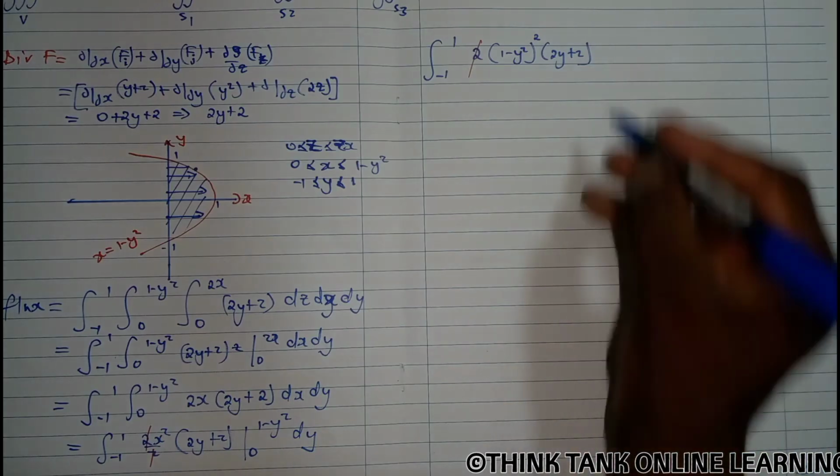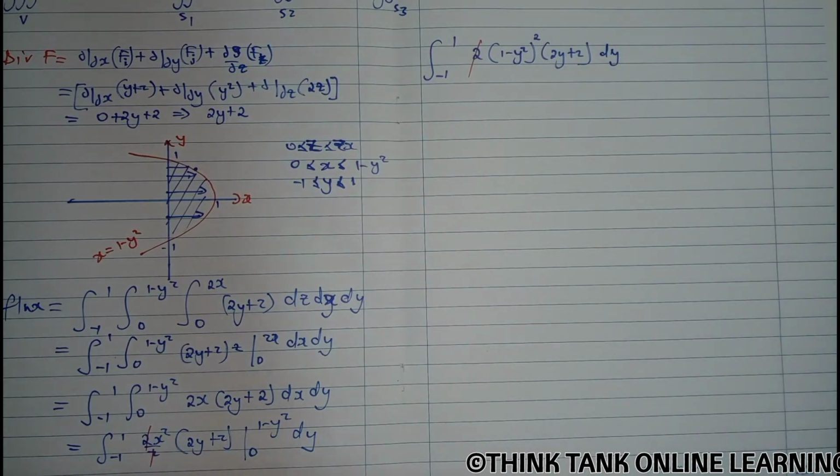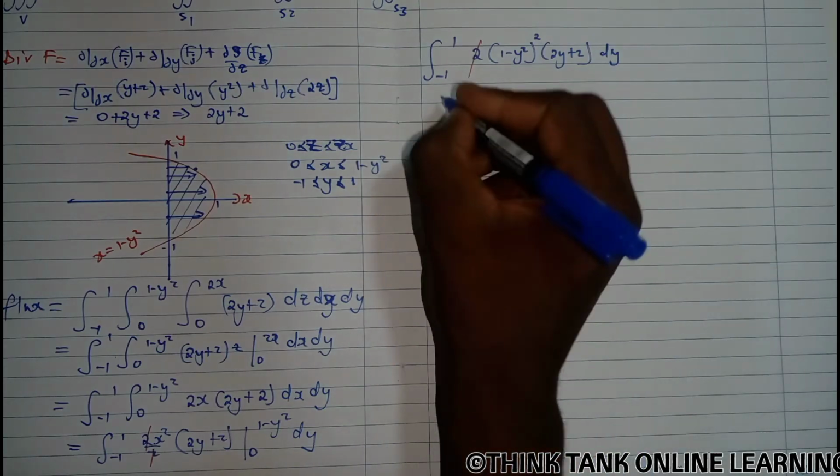And I'm going to write dy here. Now it's our job to expand. I'm not going to expand, because if I do that, this video is going to take about 1 hour. So I'm just going to show you the expanded answer.